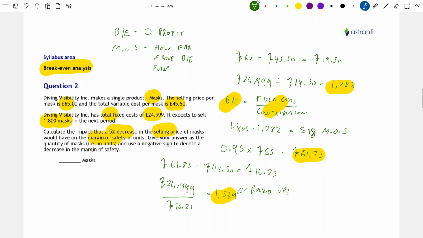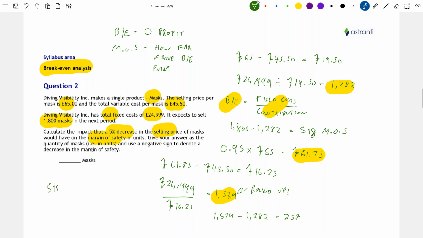So in terms of our new margin of safety, 1,539 minus 1,282, which remember was our original break-even point, gives us a new margin of safety of 257 masks. So originally our margin of safety was 518, and now it's gone all the way down to 257.